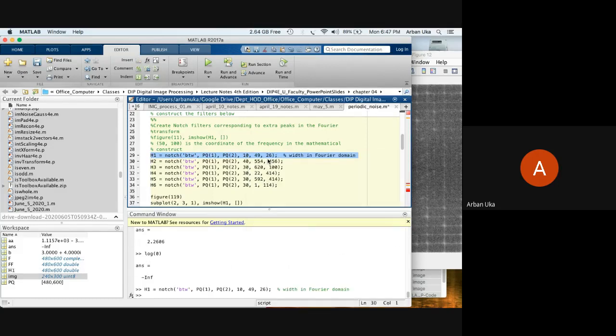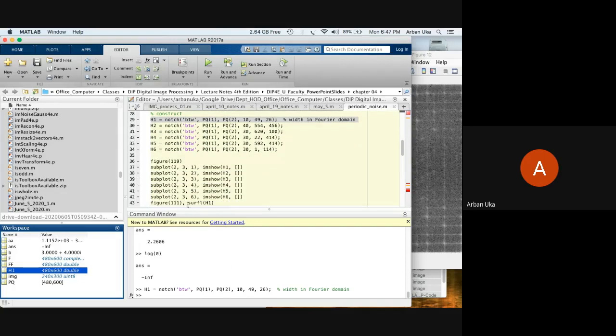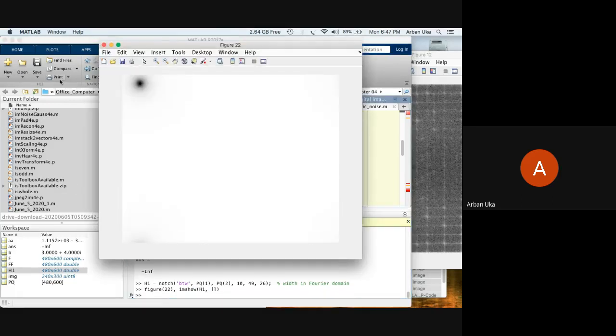Let's come up with a notch filter H1, which now appears in this graph here. Now that we have this H1, we can try to plot what H1 looks like, so let's have figure 22. With imshow, we have filter H1, and this is what it looks like.